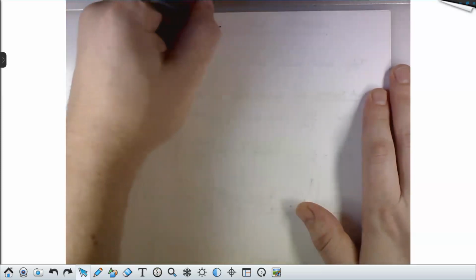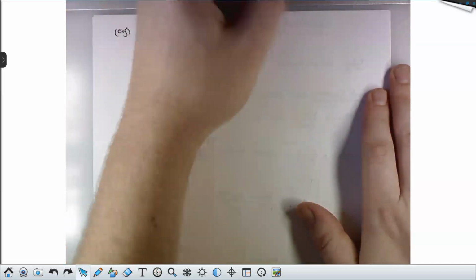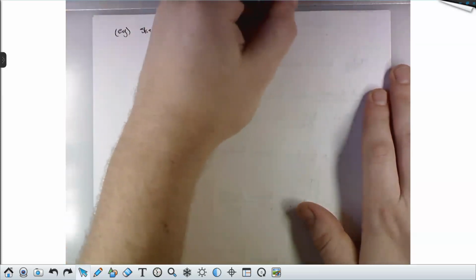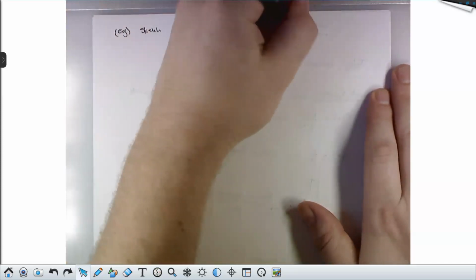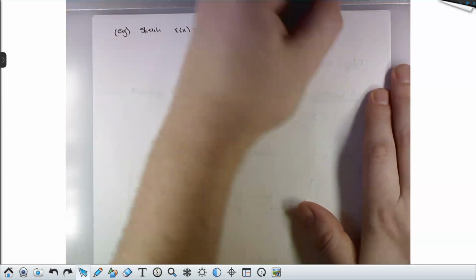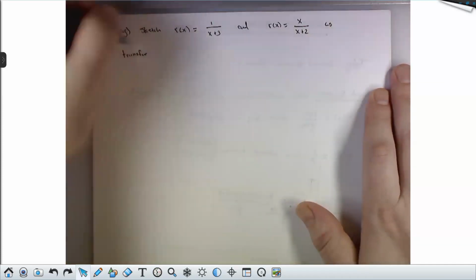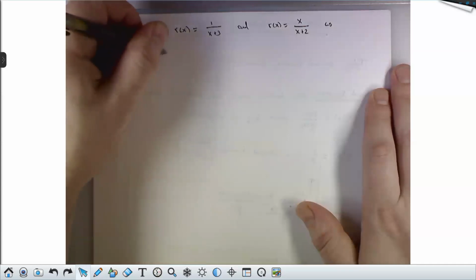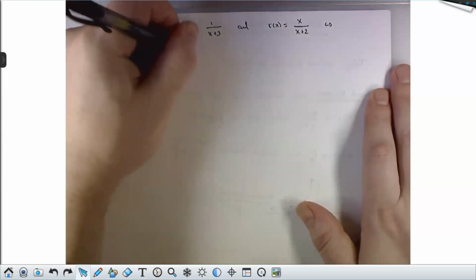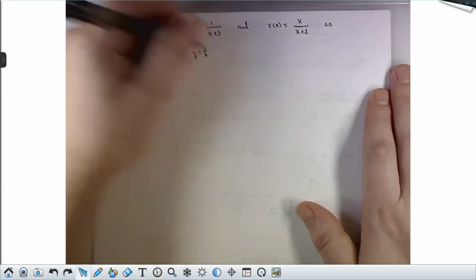Let's sketch r of x equals 1 over x plus 3, and r of x equals x over x plus 2, as transformations of y equals 1 over x.